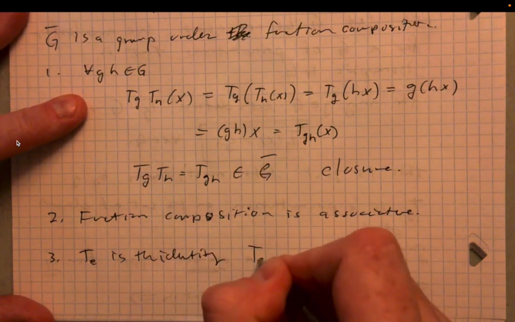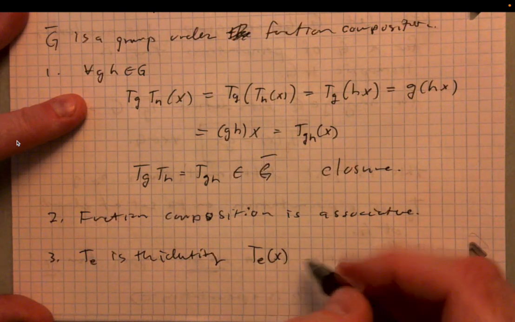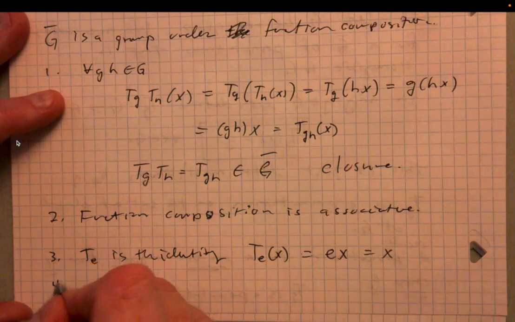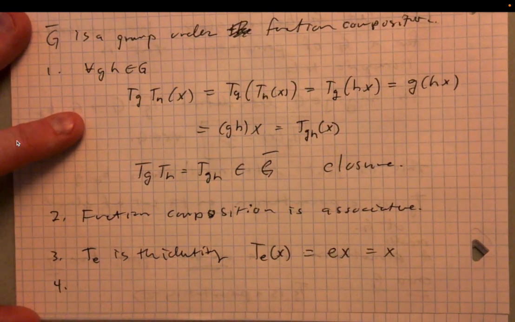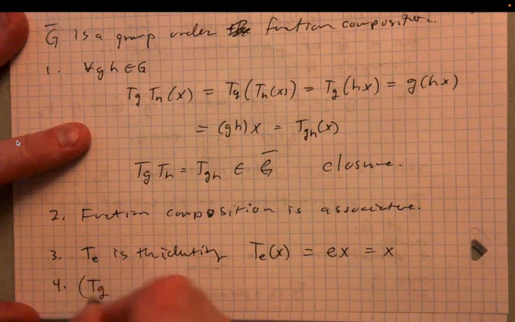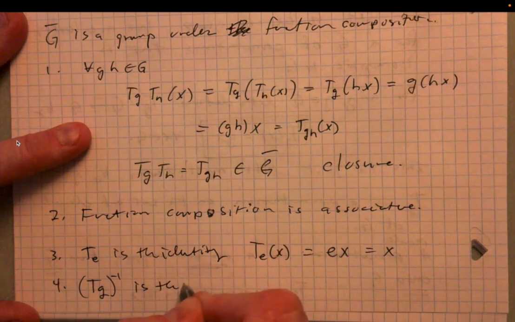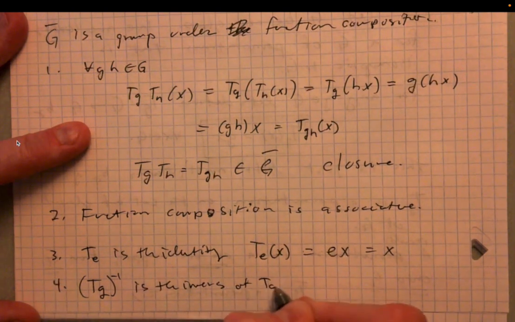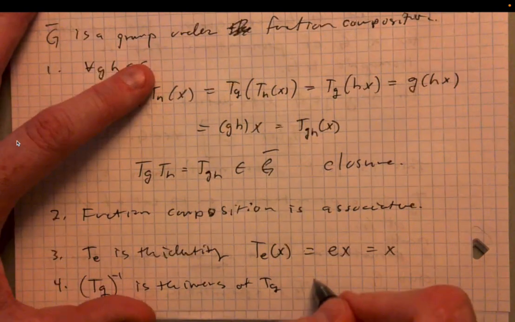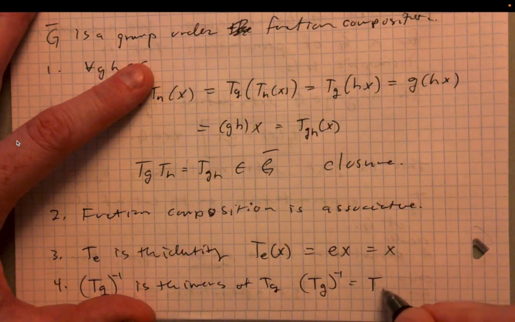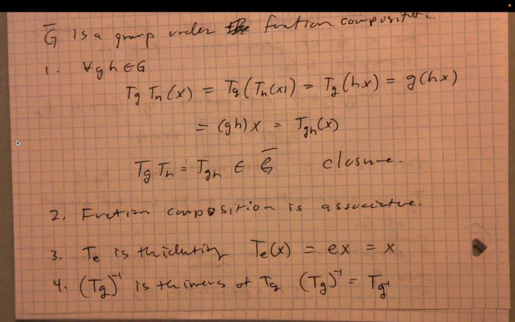Obviously, T sub e of x is equal to e times x, which is just x. So that's the identity. We have inverses. If I have T sub g, then T sub g inverse is the inverse. You can just expand this and apply it to x and you'll see that that is indeed true.